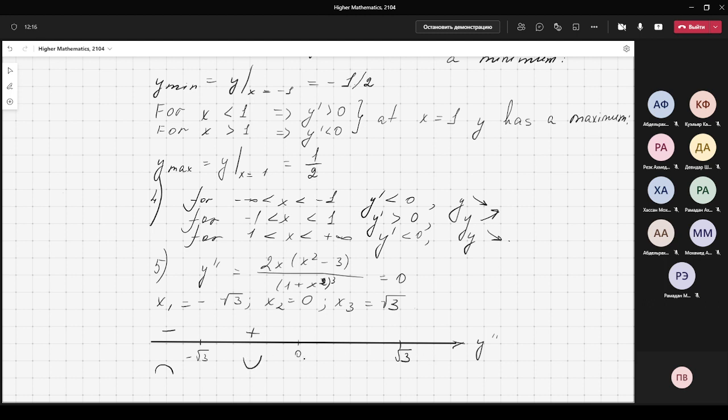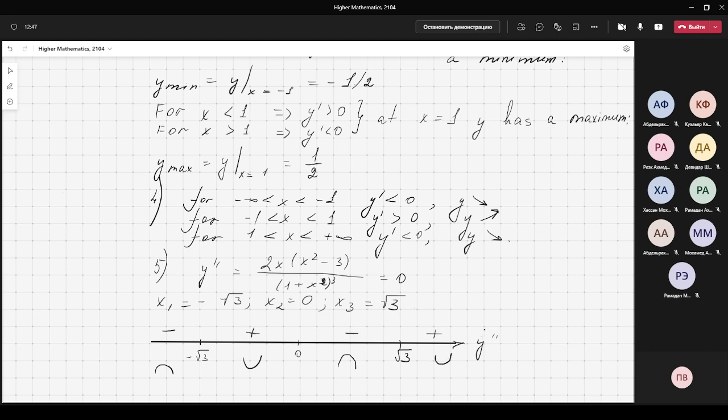From 0 to square root of 3, the second derivative will be less than 0. The curve is convex. And for square root of 3 to plus infinity, our second derivative has positive values and the curve is concave.